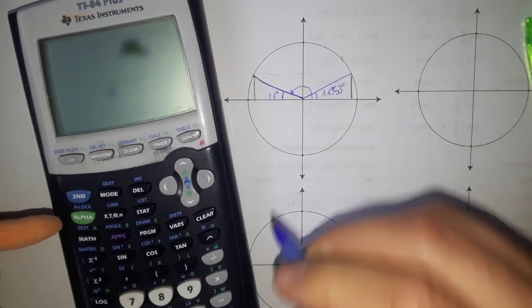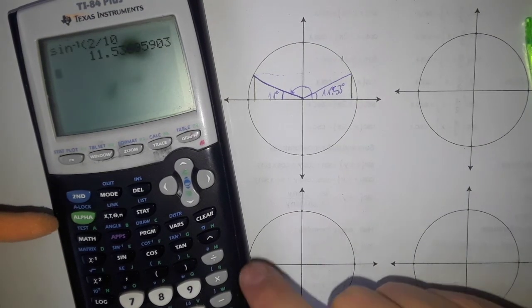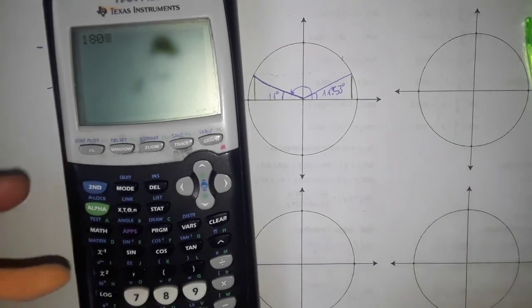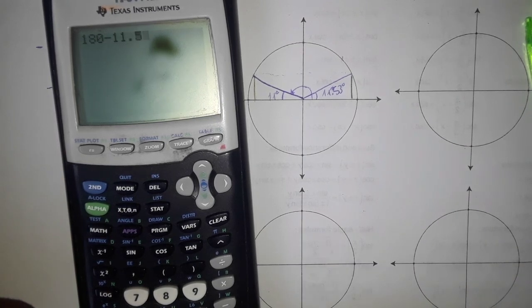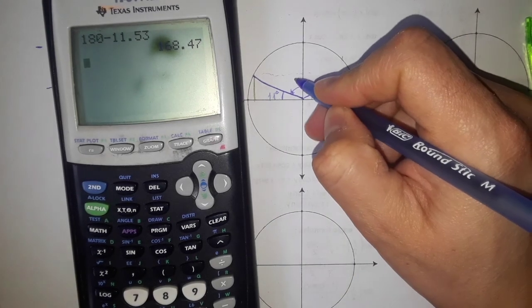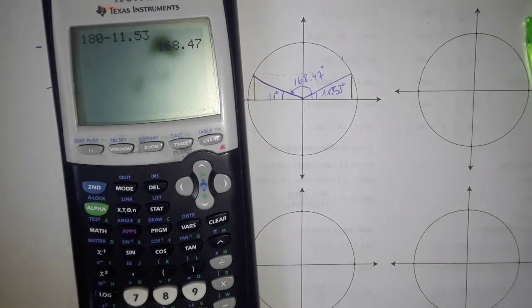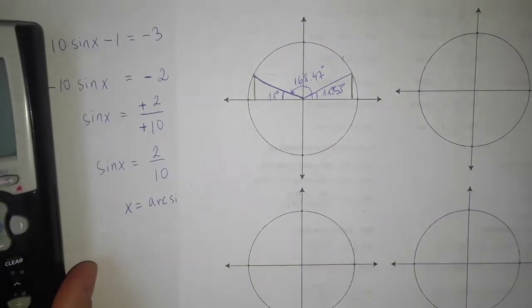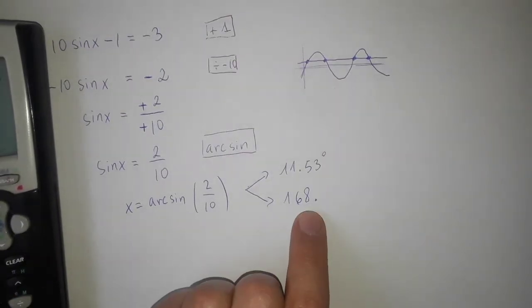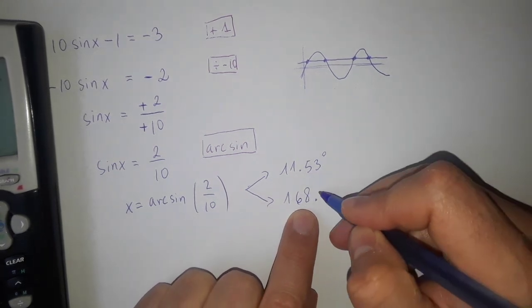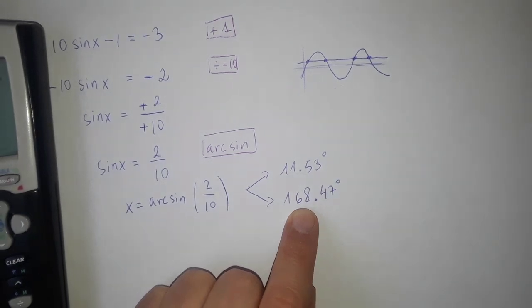So we take the calculator and we do 180 minus 11.53, and what we get is 168.47. That's it. That's the second solution that we had actually guessed already, right? So it's 168.47.